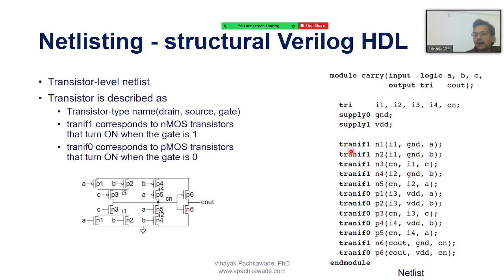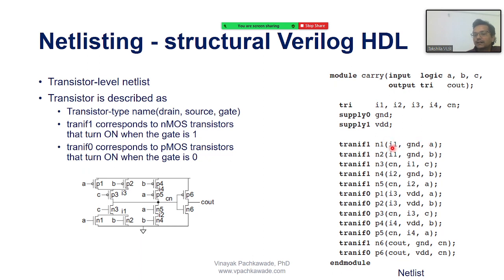What it means is, I am naming the transistor type. I am calling it tranif1 to indicate that this is an NMOS transistor, and I call it N1. So this is the type and this is the name. So I am using an NMOS transistor, the name is N1, and in the parenthesis I describe its terminals, how many terminals it has, three terminals: drain, source and gate.